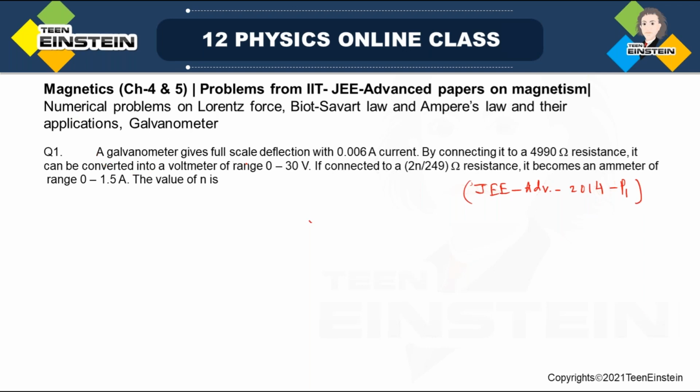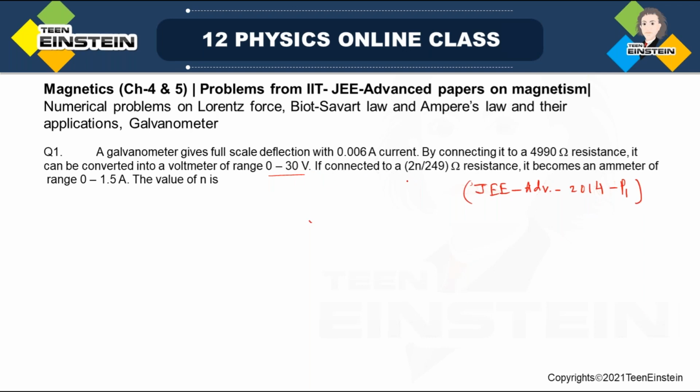a galvanometer gives full scale deflection with 0.006 ampere current. By connecting it to a 4990 ohm resistance, it can be converted into a voltmeter of range 0 to 30 volt.